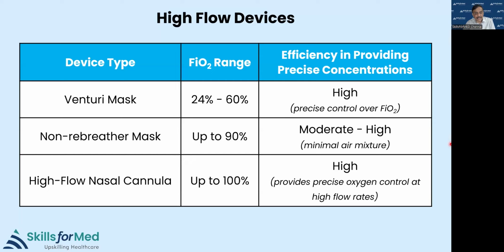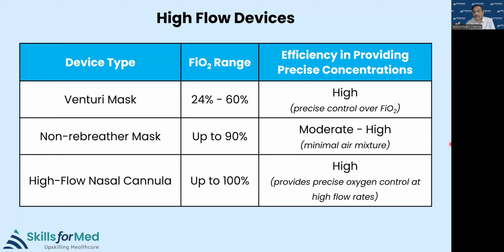High flow nasal cannula, you can give up to 100% FiO2 and up to 60 to 70 liters of flow. And it gives a very high efficiency, precise oxygen, humidification, warming, everything can be done with the high flow nasal cannula. And more importantly, you don't put a mask or anything, and you just put a nasal prong, so it is much easier for patients.